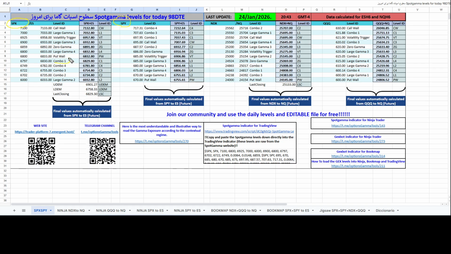That combo 1 is shared with combo 1 in SPY. They have in both option ladders a significant gamma exposure there. For that reason, spot gamma put the combo here, because the price sometimes reacts at that combo.